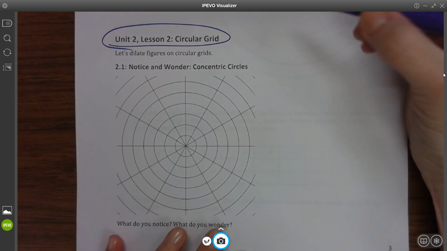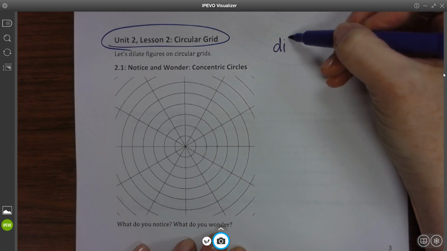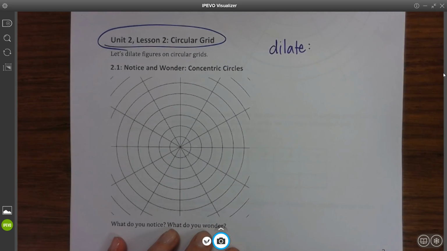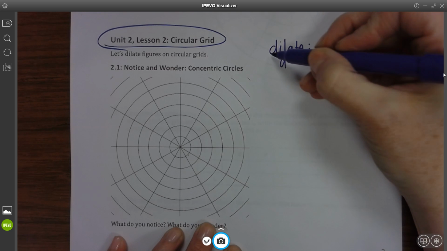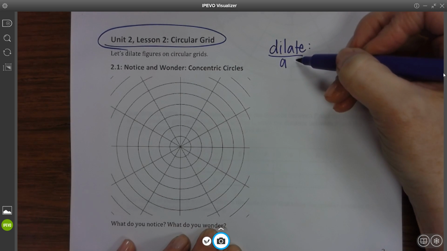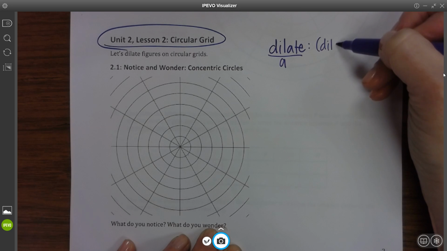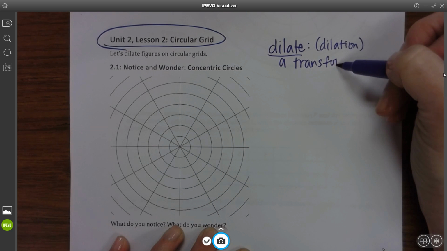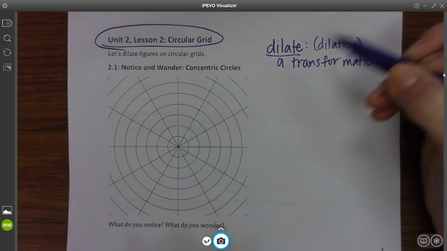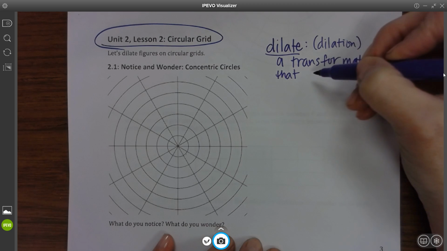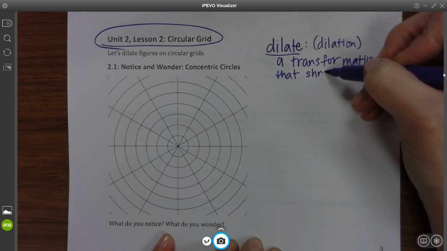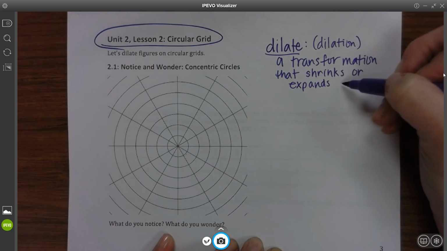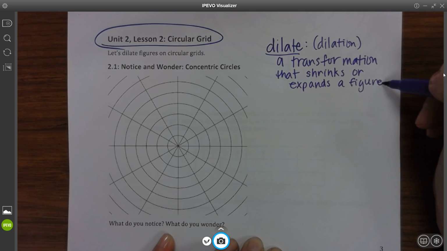Dilation, or dilate, is a transformation that shrinks or expands a figure.